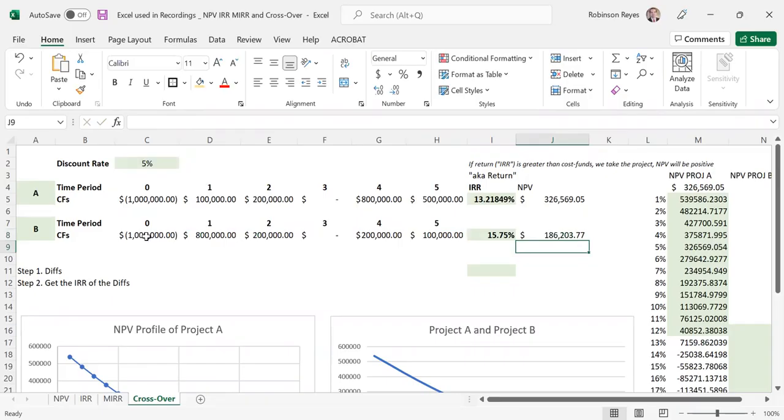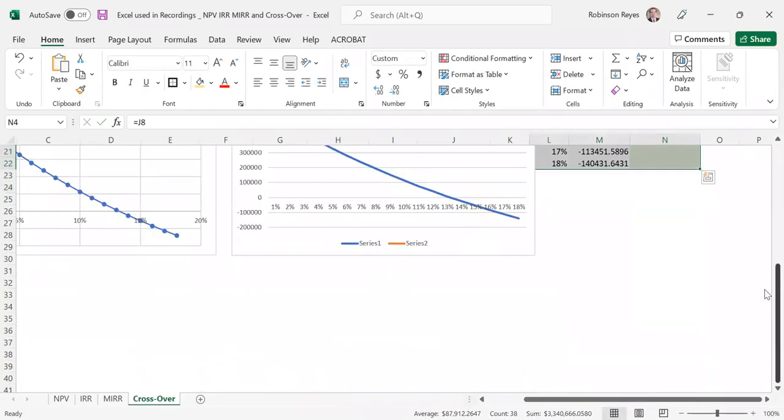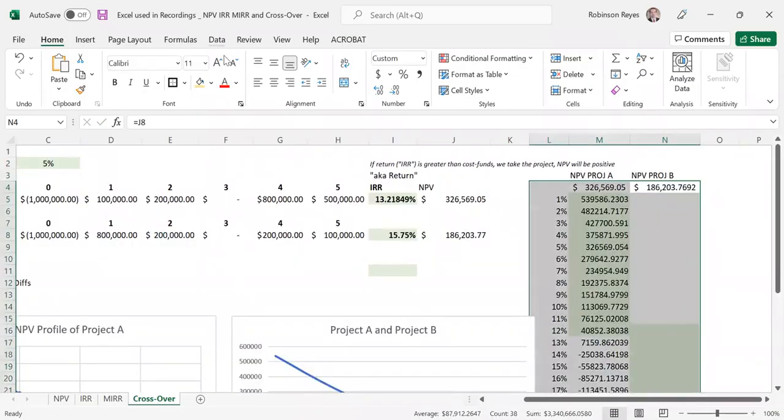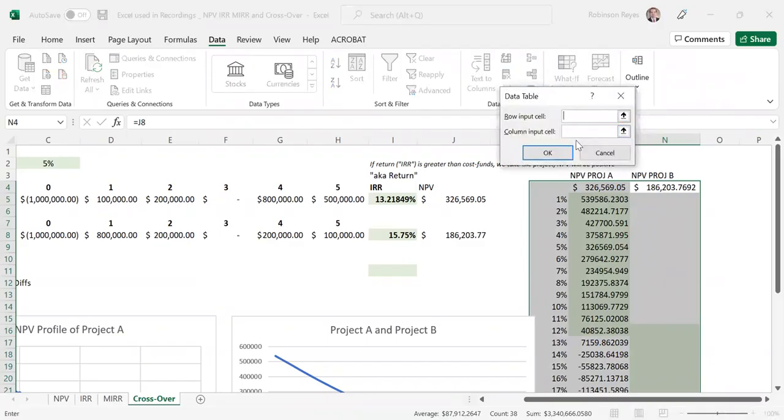Now, let's look at the NPV profile of project B. So we do this by referencing this cell where we calculated the NPV on the top cell. And then let's just ask Excel to calculate this table again, but also including this project B now by changing this rate here.